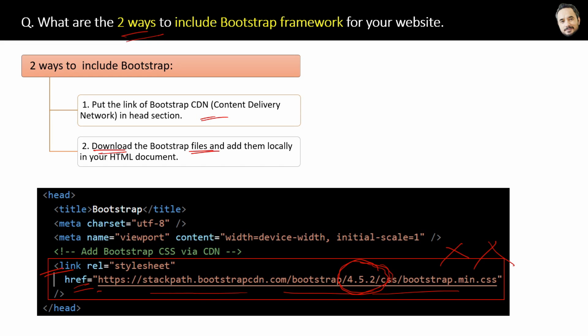The benefit of this way is that even if the Bootstrap URL is down, Bootstrap website is down, even in that case your website will not be impacted because you already have all the files in your project. Anyways, normally I prefer the URL way, the first way for Bootstrap in my own projects, but it depends.